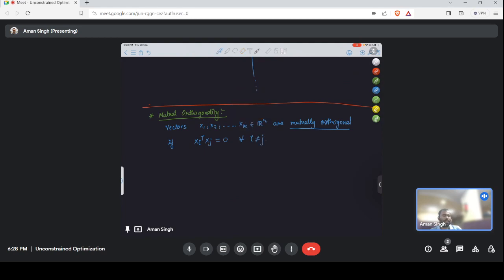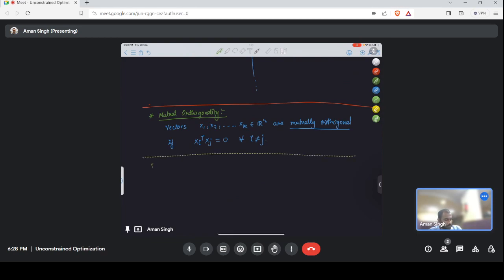If this happens, then they are perpendicular to each other. They are orthogonal to each other, and this set is called mutually orthogonal. It's fairly standard stuff.